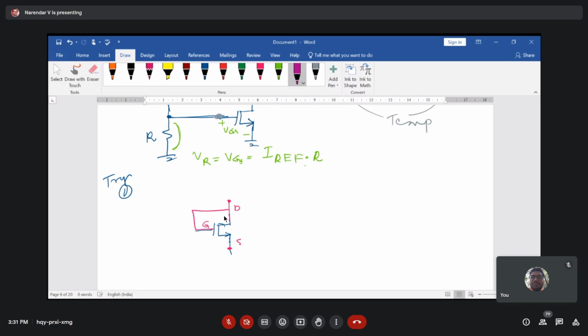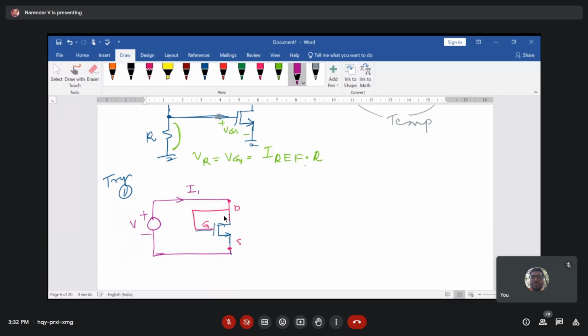Now we apply a voltage across this transistor. Now this transistor is a diode connected device, a diode connected equivalent MOS transistor. So we apply a voltage V, positive and negative here, and as a result there is a current called I1 into the transistor.